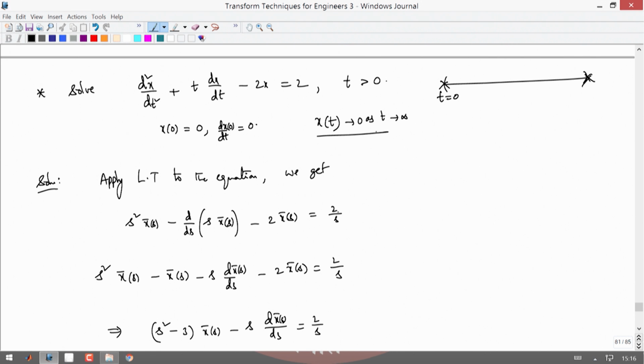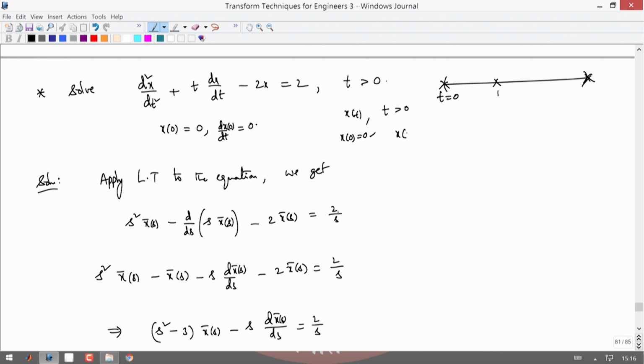For example, if your domain is this, you are looking for x of t for all positive t, but what is given is x of 0 is 0, one condition, and suppose you want to give some other condition somewhere else, let us say at 1.